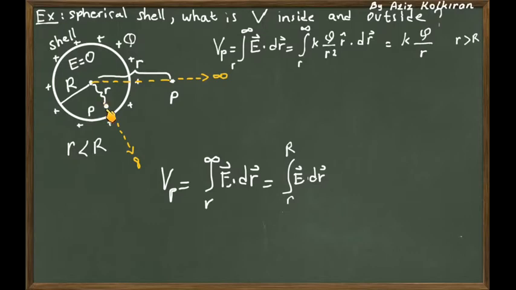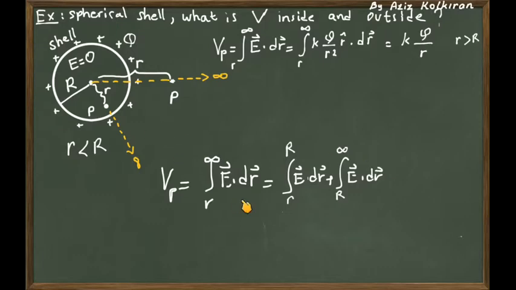We first take the integral from r to the capital R, which is the radius of the shell, plus from this capital R to infinity. So we have two terms now. Why do we have to break up the integral into two pieces?